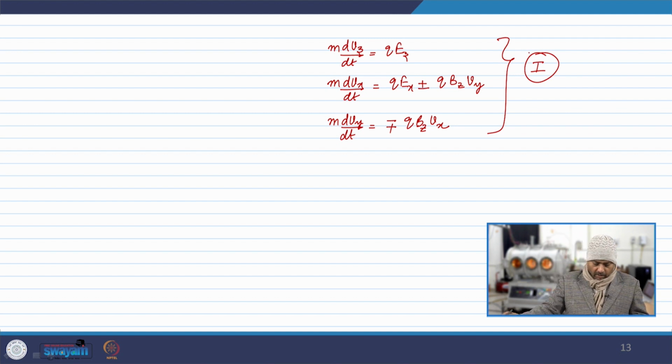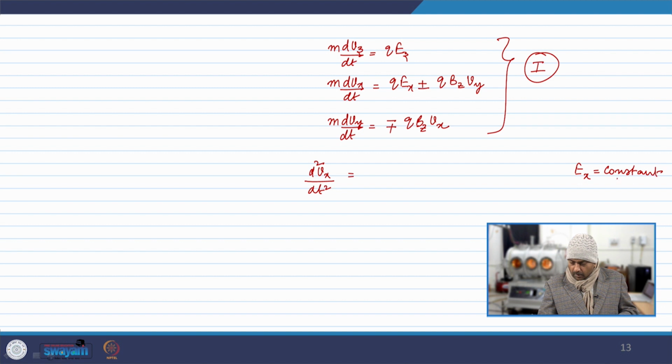So, we take double derivatives of these equations. d square vx by dt square. Charge is a constant, and the electric field can be assumed to be constant, so you have to do it by assuming Ex to be constant in time. That means a static electric field.